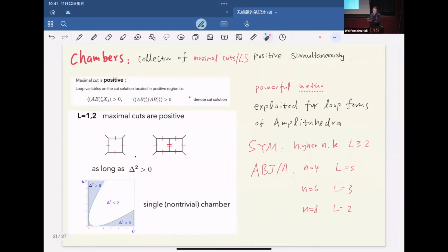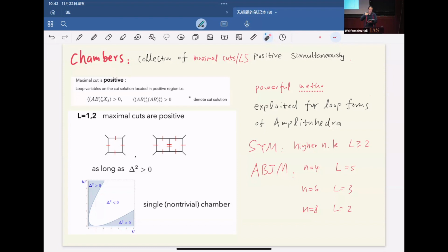Okay. So for example, here the chamber is defined by the collection of all the leading singularities being positive simultaneously. And this has been a powerful method that has been applied for computing loop forms, for example the loop amplituhedron, for super Yang-Mills, and also in this ABJM case, you realize that beyond the MHV case, if you really look at the loop form from this perspective, if you go through the tree level kinematics, different points can give you different loop forms.